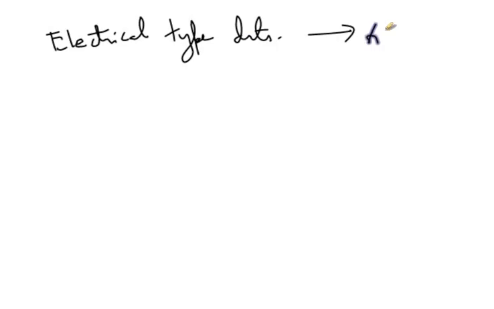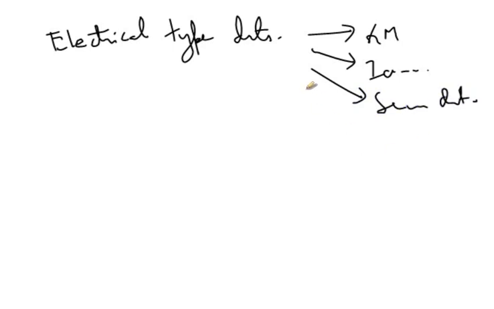We know GM counter, ionization chamber, semiconductor detectors, even our scintillation counters. They are all of this type. In this type of detector, the information is transferred in the form of electrical impulses, and this has to be treated in electronic means only.